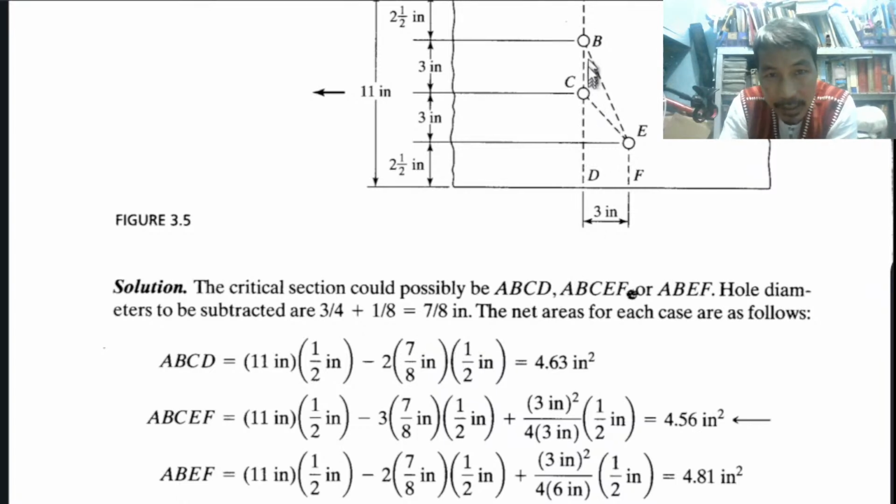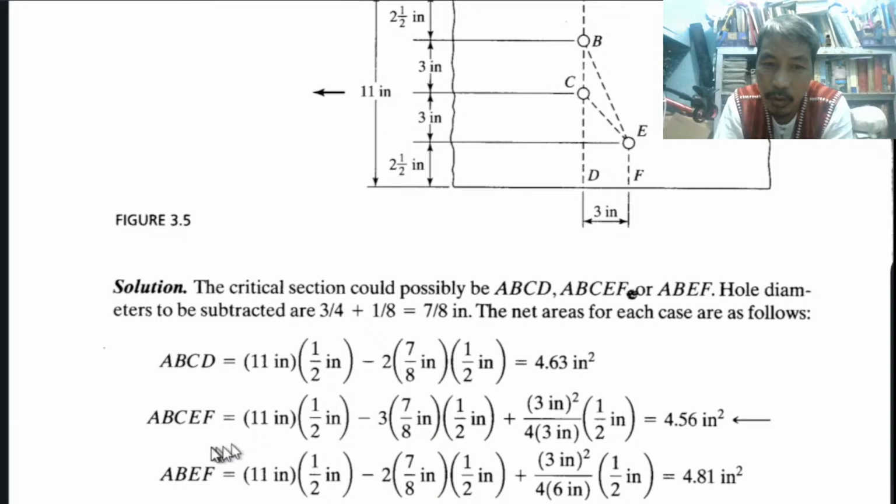This is diagonal from B to E. What is the value of S? S is 3. What is the value of G? This is 6. So how much? 3 squared divided by 4 divided by 6, multiply by the thickness, 1/2.